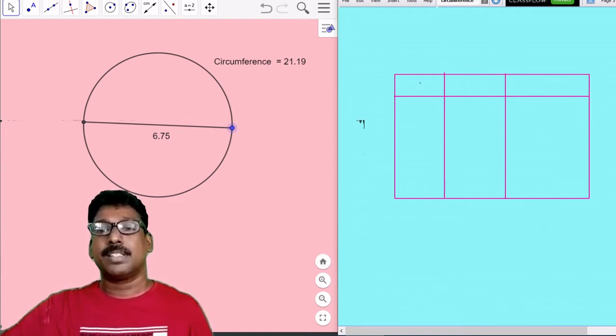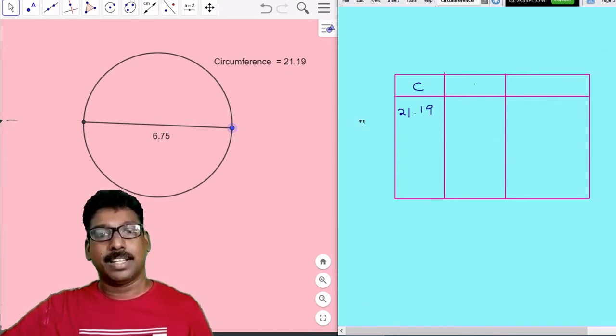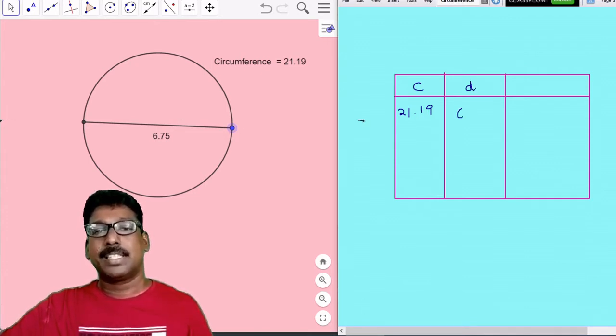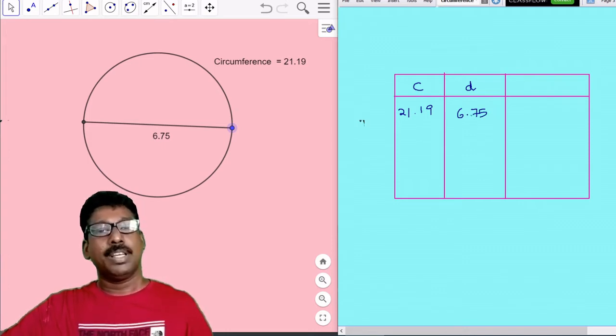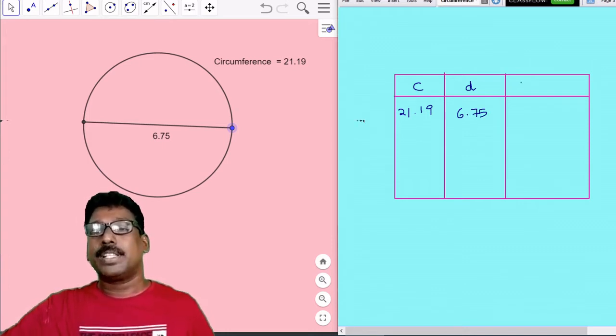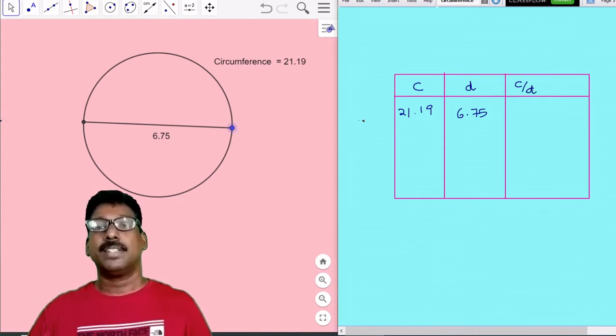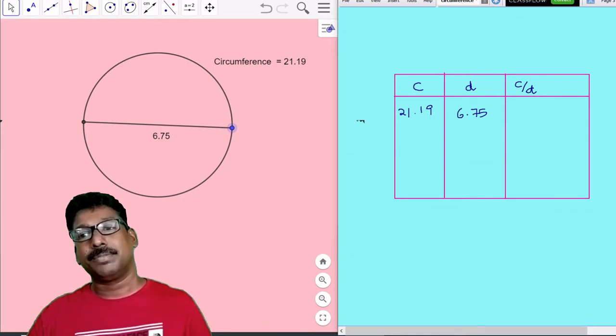This circumference, let it be C, is equal to 21.19, and the diameter of the circle you can write as D, and it is 6.75. Now let me calculate C by D, that is circumference divided by diameter.